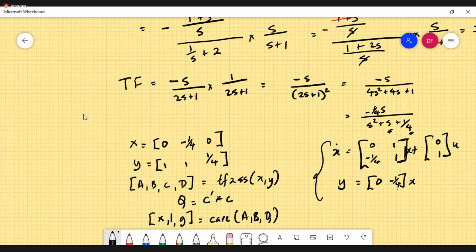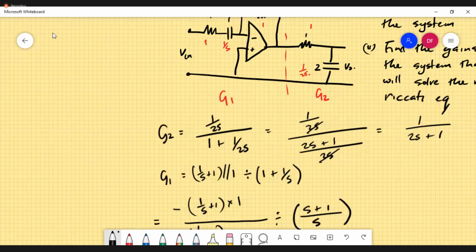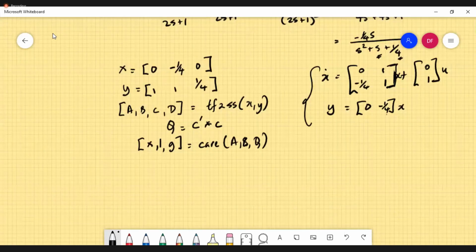Now, notice something here, and it's something that you will notice, is that finding the transfer function is always way harder than finding the gain. If you know the transfer function, then the rest is easy. So finding the transfer function is the problem.